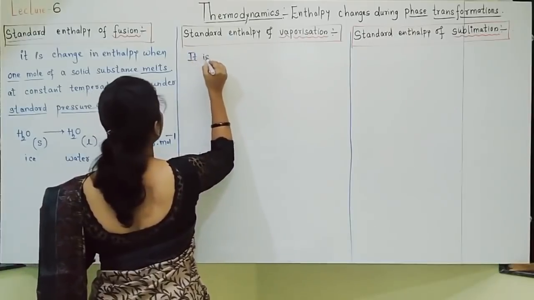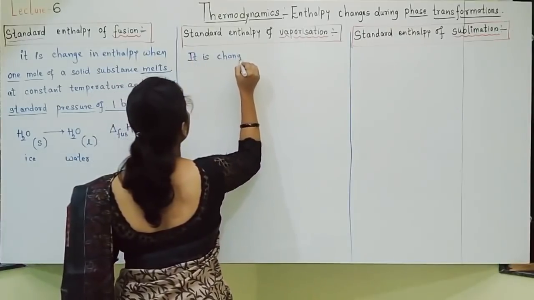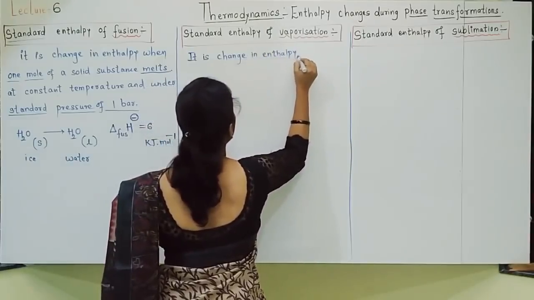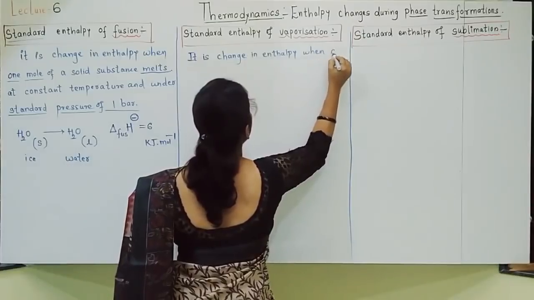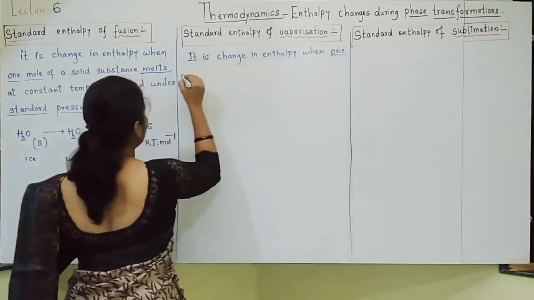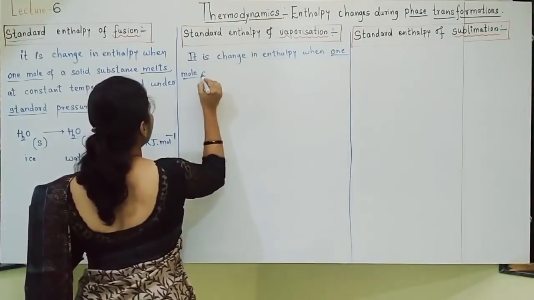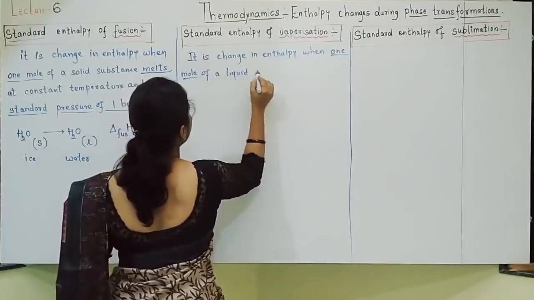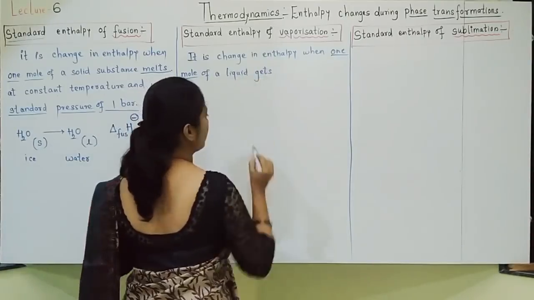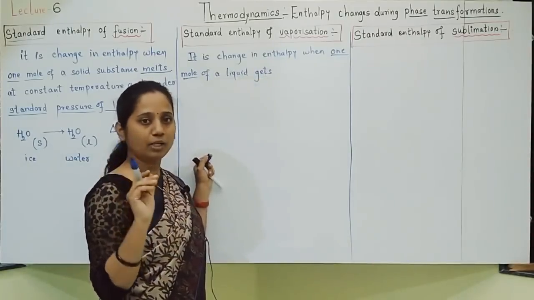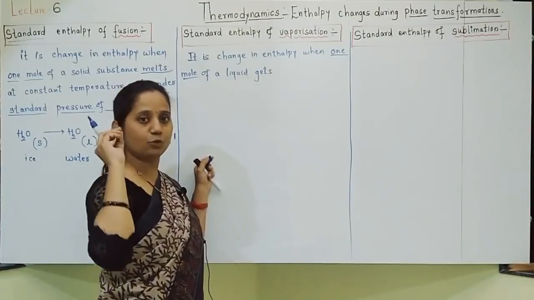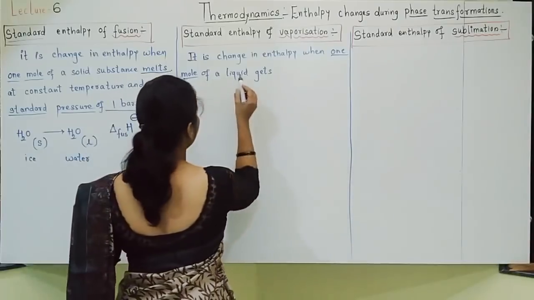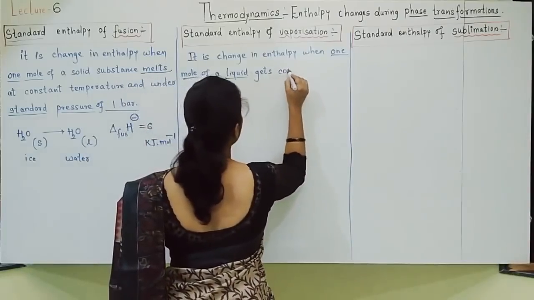It is change in enthalpy when, see here, I am always writing 1 mole. When 1 mole of a liquid, vaporization meaning, understand: on heating, liquid gets converted into vapors. This process is called vaporization. 1 mole of a liquid gets converted into vapors.